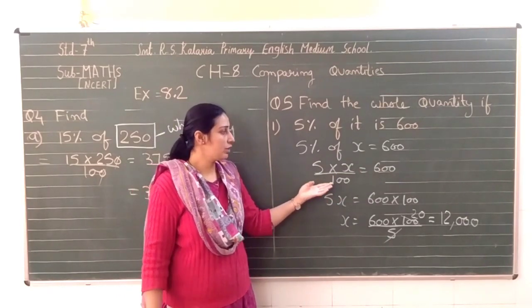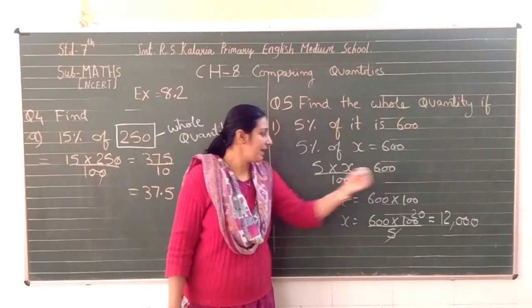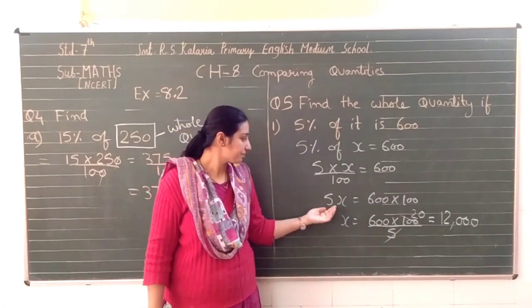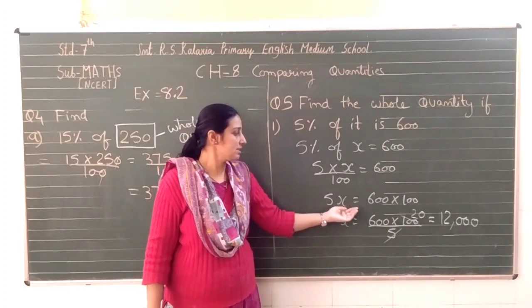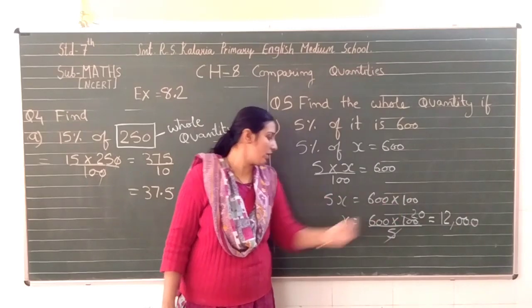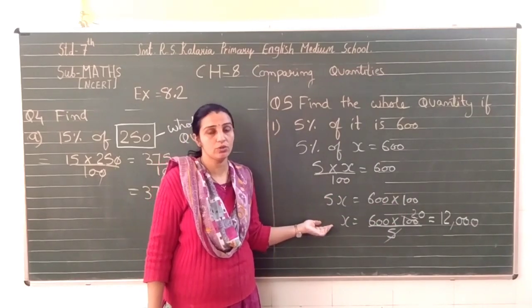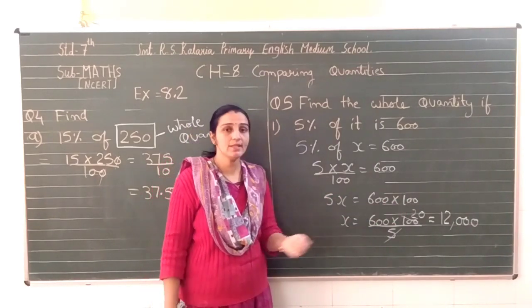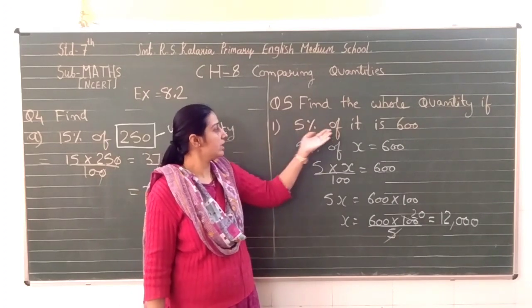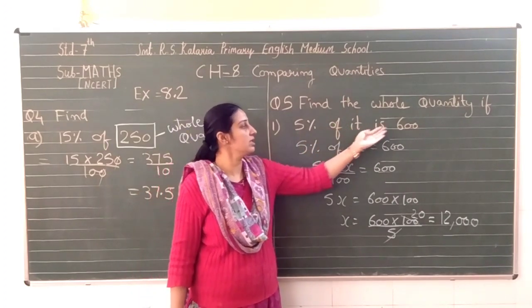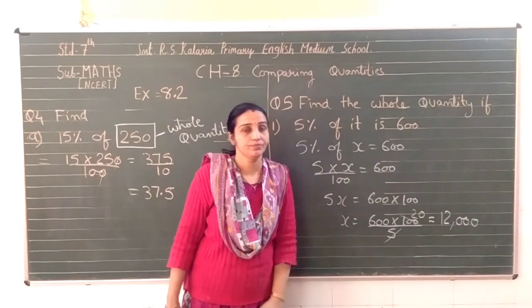This 100 will go to the right hand side and 5x is equal to 600 into 100, which will give you x is equal to 12,000, which means that 5% of 12,000 is 600.